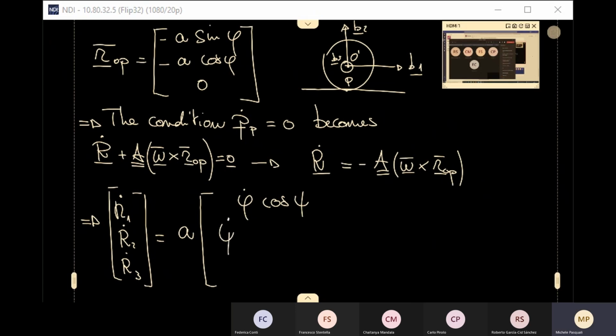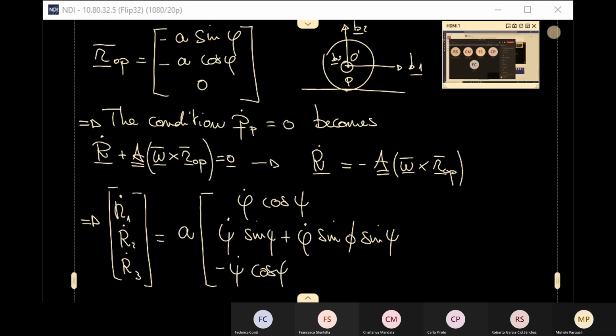Then you have psi dot sinus of psi plus bar phi dot sinus of phi sinus of psi. And then we have minus psi dot cosinus of psi minus phi dot cosinus of phi sinus of psi. You see, that's our condition written in componential form.